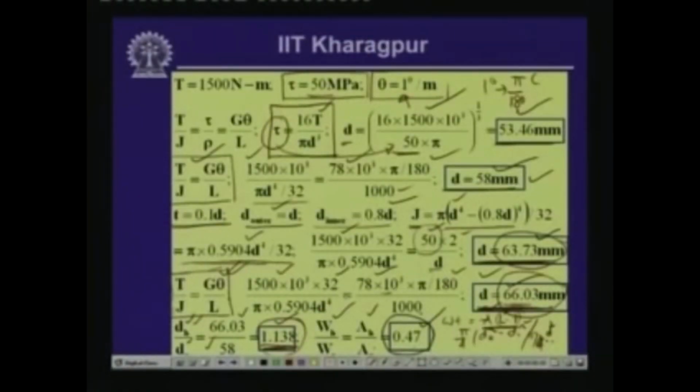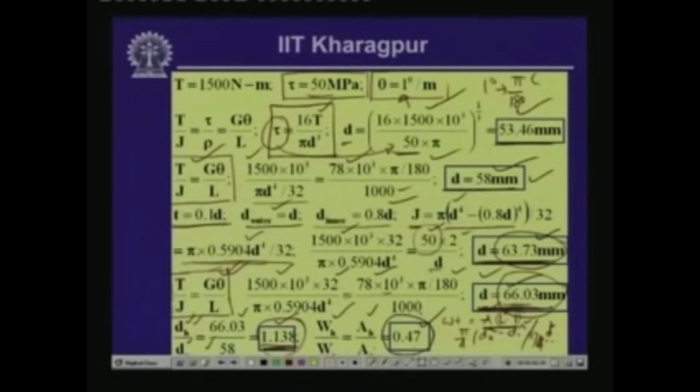But weight wise, since in the hollow bar we do not have material at the core, naturally there is a reduction, and the ratio of the weights between the hollow bar and the solid bar is almost half. The weight of the hollow bar is 0.47 times the weight of the solid bar.